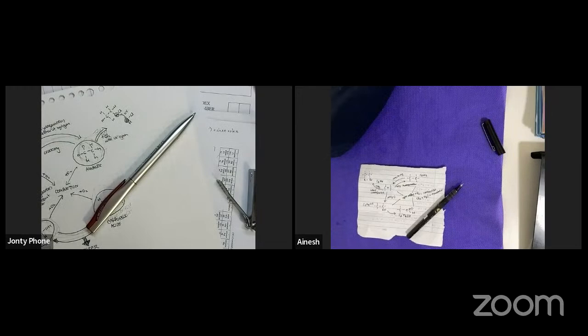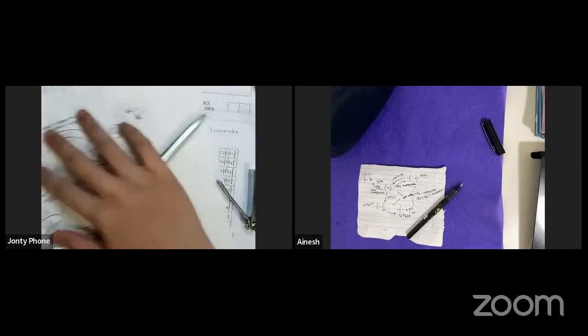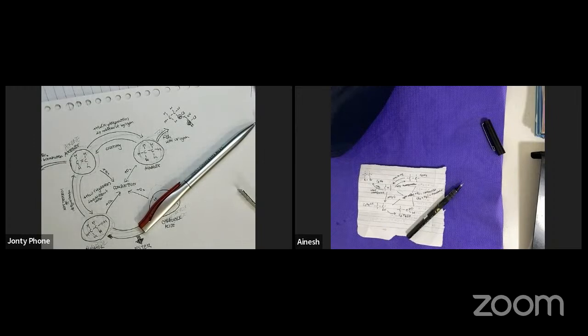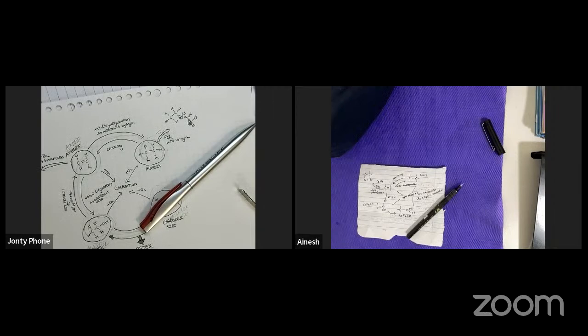Notice that I am preparing my carboxylic acid and my alcohol by reorienting the carboxylic acid.